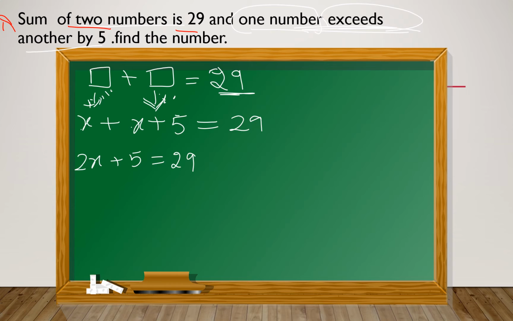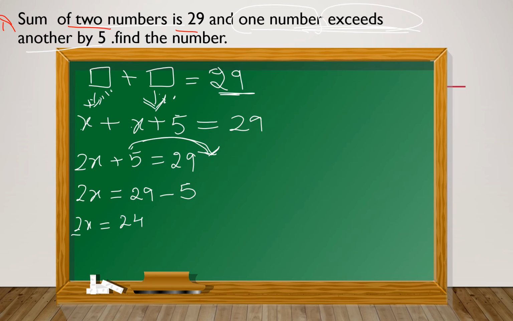Now the constant plus 5 we transpose to RHS. First write the RHS constant, that is 29. Plus 5 when transposed to RHS changes to minus 5. So 2x equals 29 minus 5, which is 24.